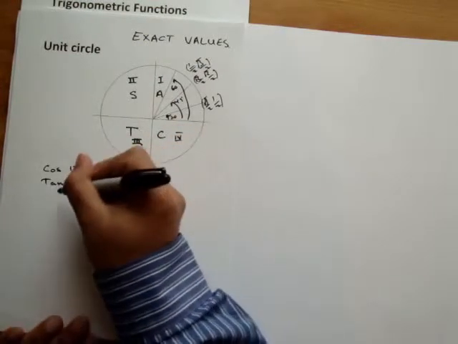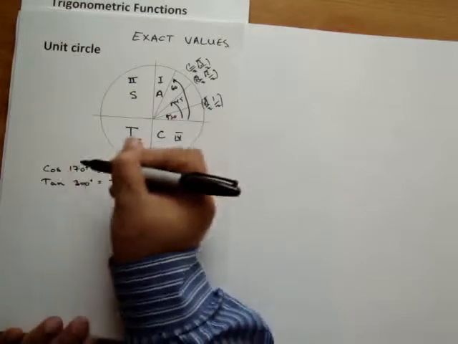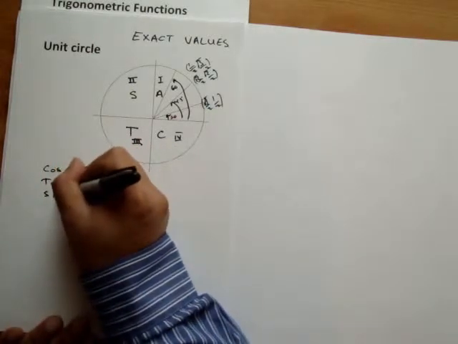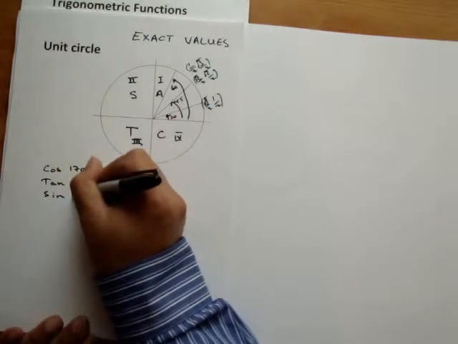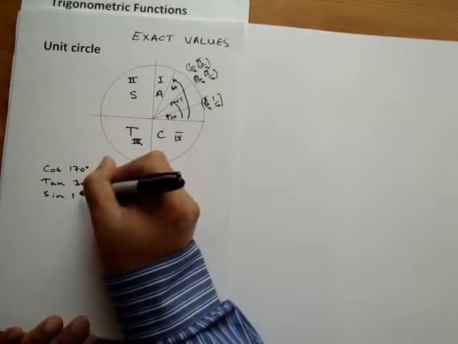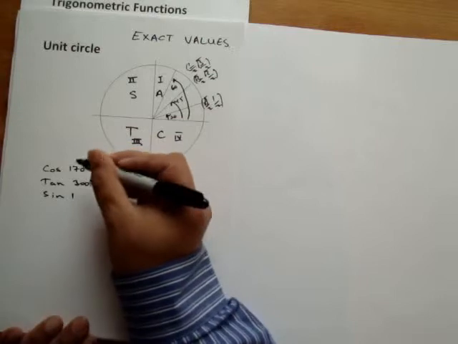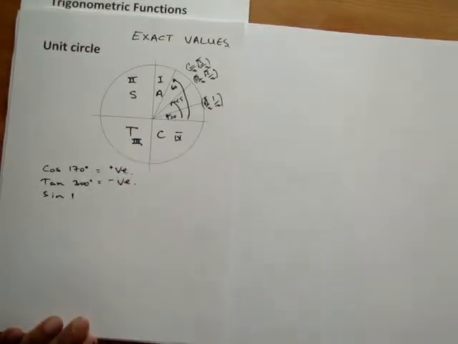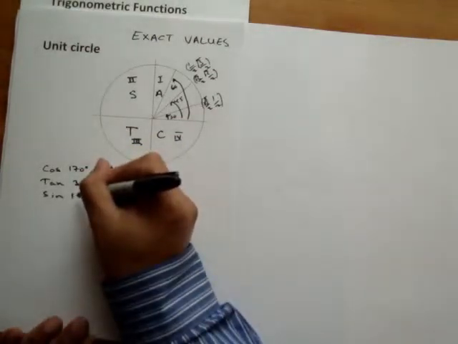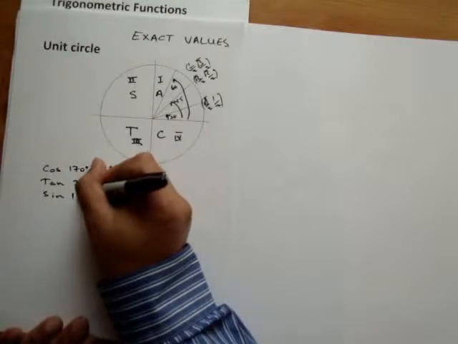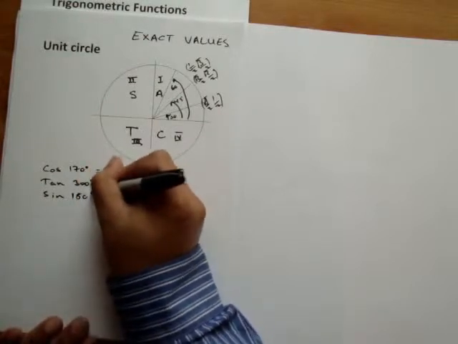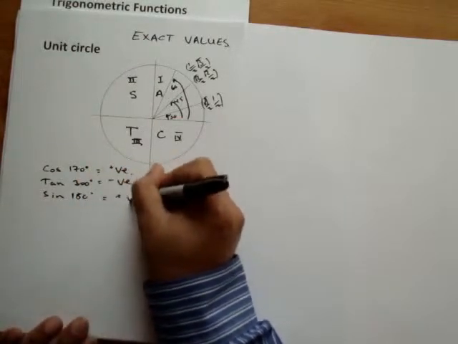If we have the sine of 150 degrees, it would be positive.